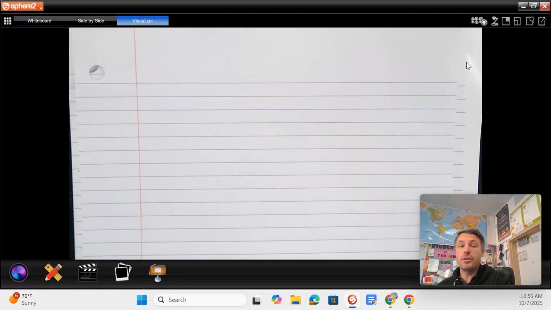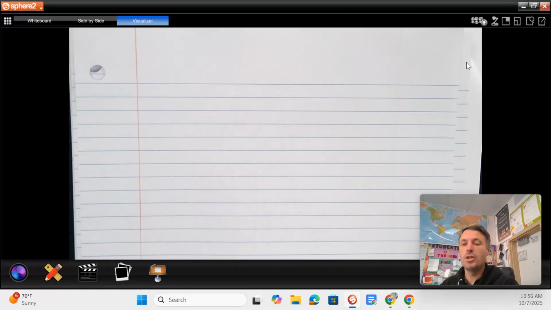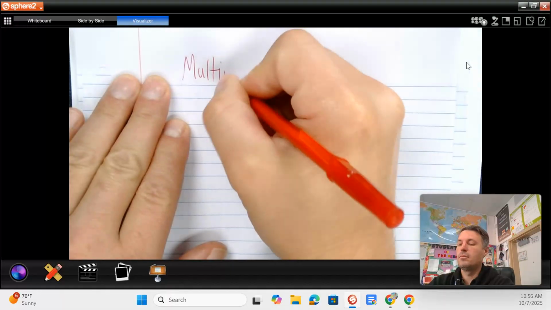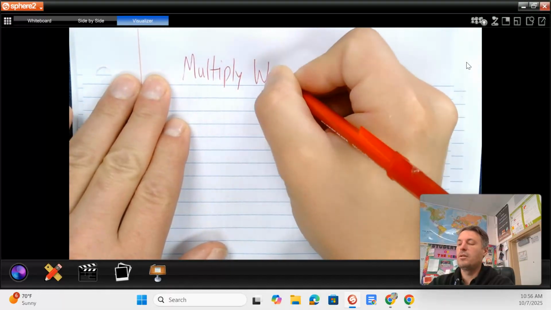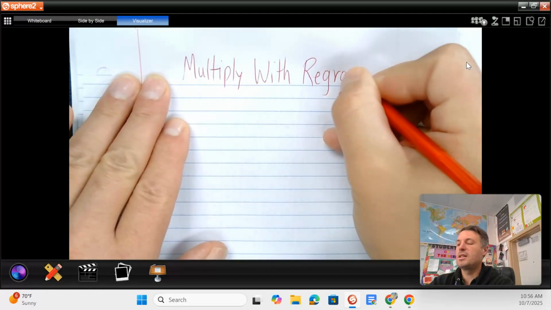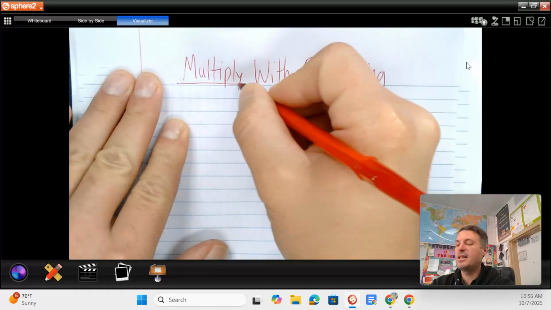Please take out your math notebook, open up to the next available page, and at the top of that page, write the title of today's lesson, which is called Multiply with Regrouping. And really, this is something we've already done in some of the past math lessons.